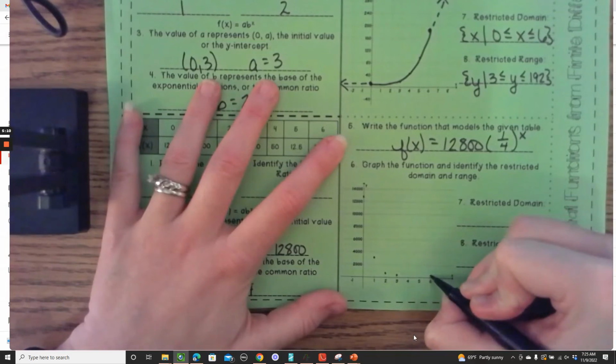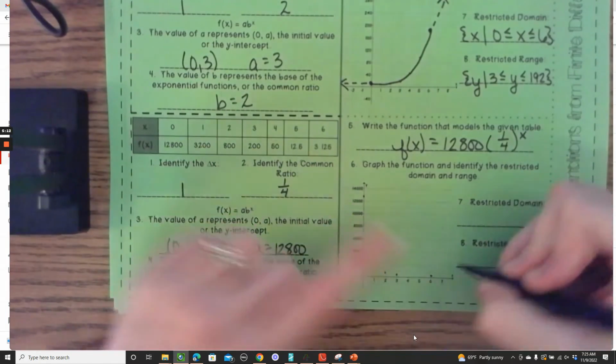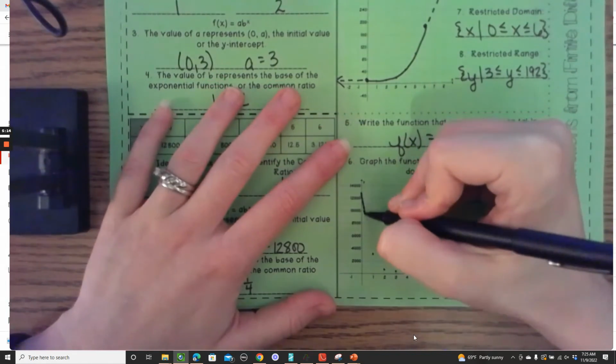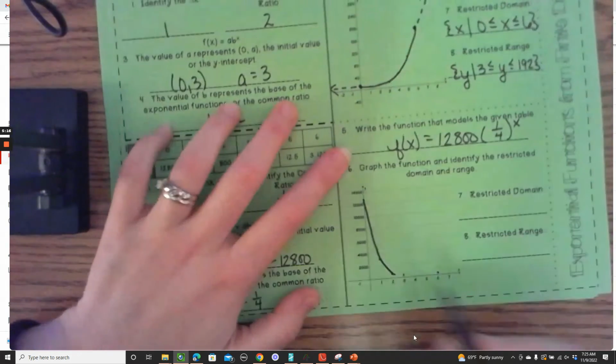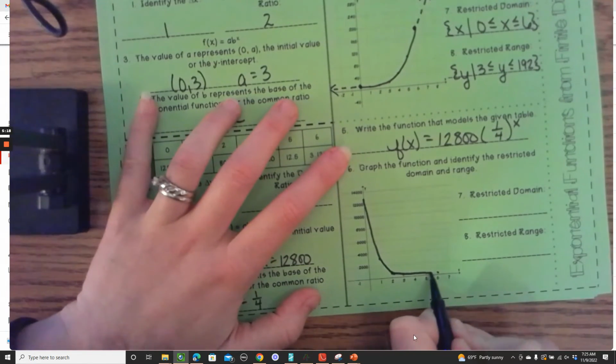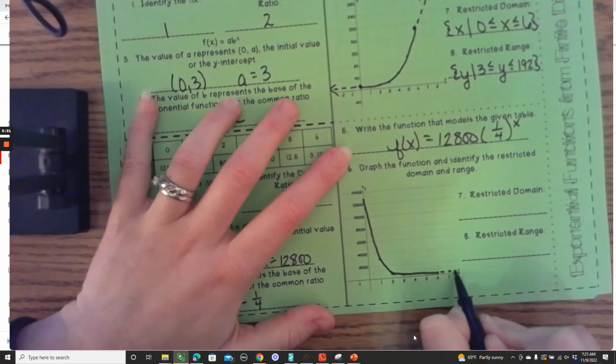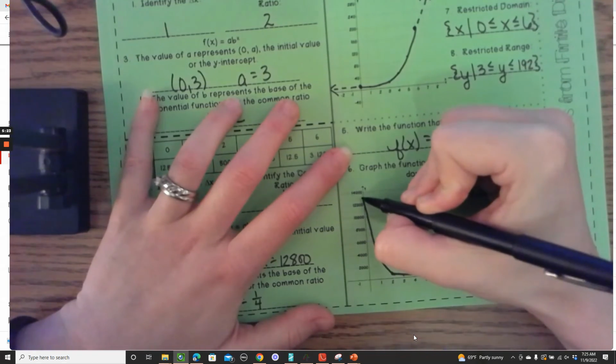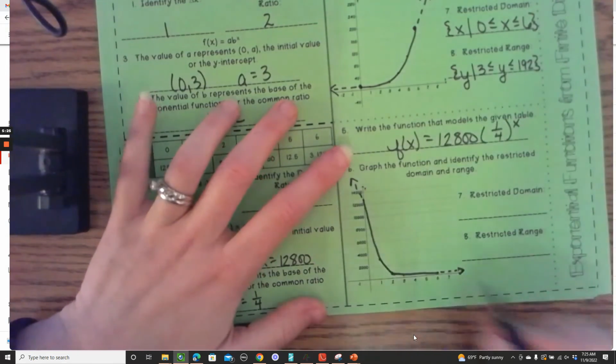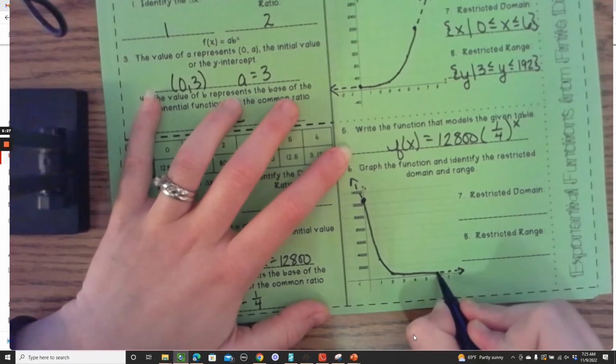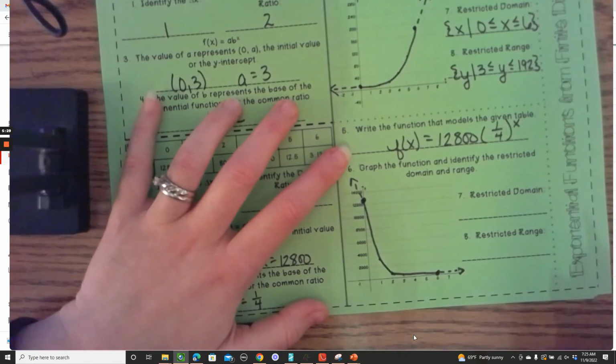We're going to go all the way to 6. So remember, we're never going to cross that x-axis. And then again, this graph is going to go on and on in both directions. These points are just for our restricted domain and range.